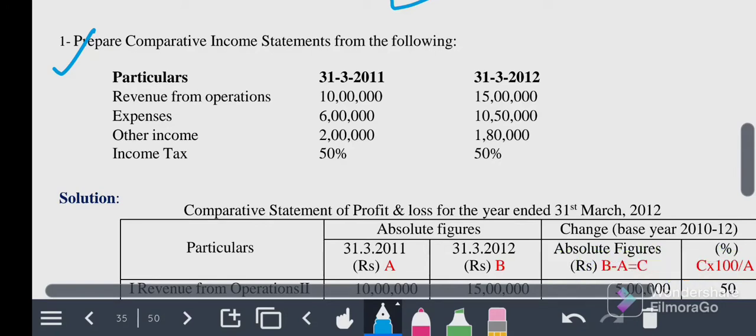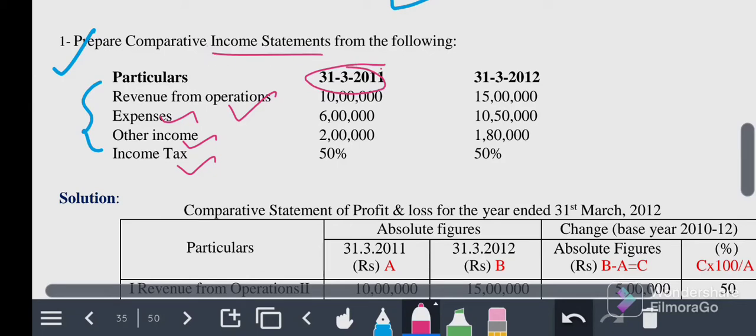Here we have four items in the particular column given. The first one is revenue from operations, then expenses, then other income, and then the income tax. There are two years also given, because it is about comparing two statements. Here it is an income statement, for 2011 and 2012.